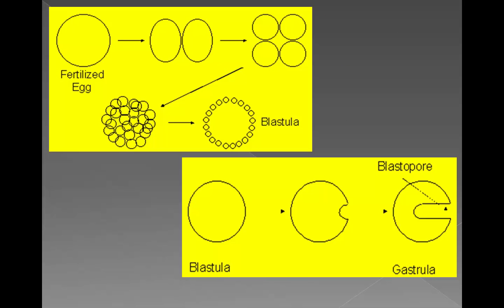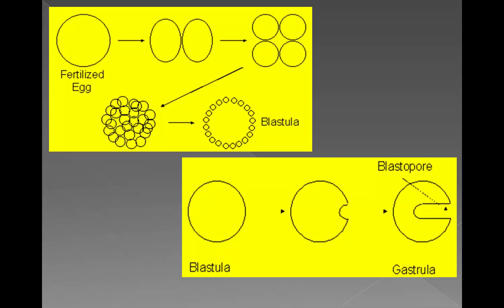So here we've got our fertilized egg in the top diagram, and it goes through mitosis and it makes 2 cells, and then they go through mitosis and make 4, each of them making 2 apiece, and it continues until you've got all these cells clustered together that form that hollow ball, which is the blastula.